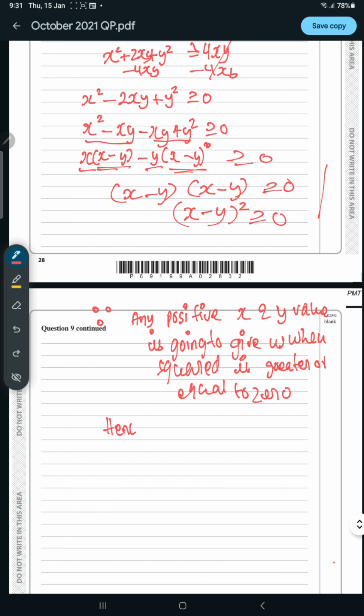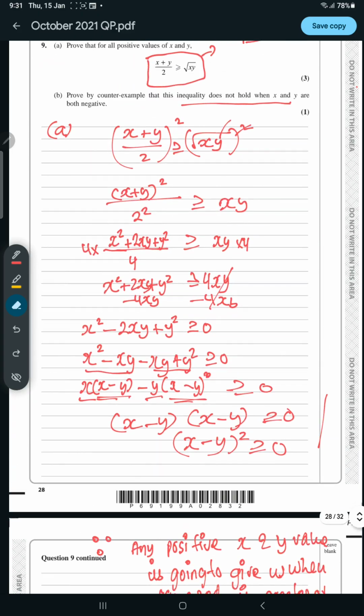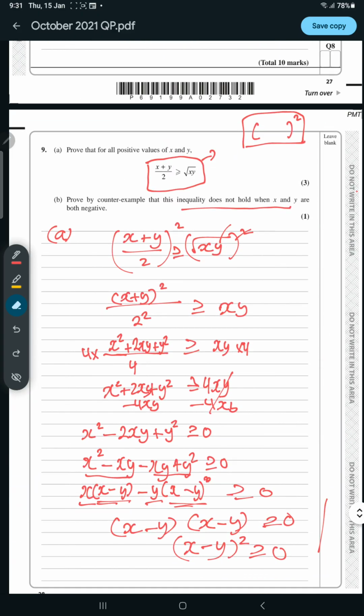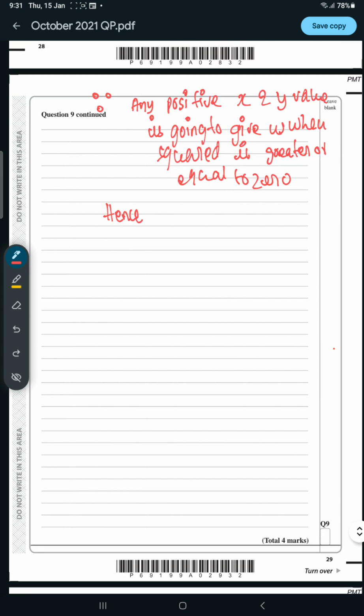Hence, here what we can do is reverse the process. Not necessarily do we need to write this out. So we can write x plus y is greater than or equal to 2 root xy. Make sure you reverse back when you write the conclusion steps.